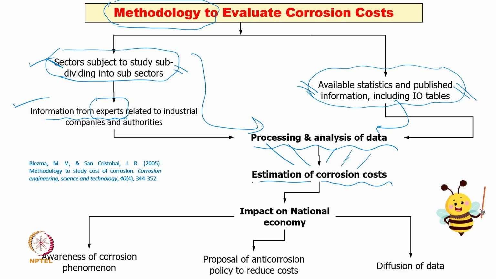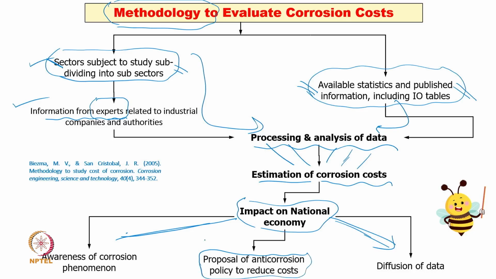And subsequent to that, we will also know the effect of that corrosion on society. That is why we say the impact on the national economy will also be there. For that purpose, we need to think about the diffusion of knowledge, awareness of the knowledge in society, and then think about various anti-corrosion policies.